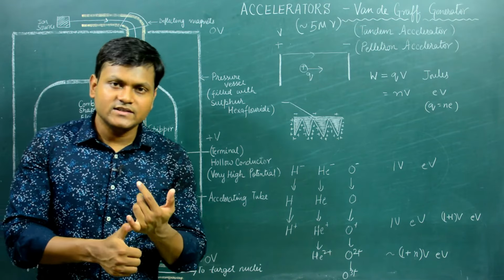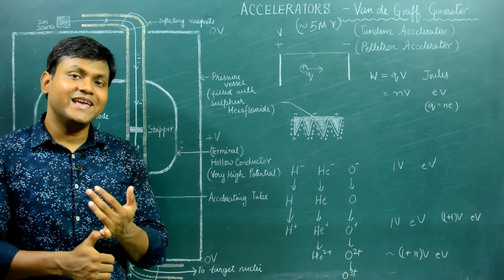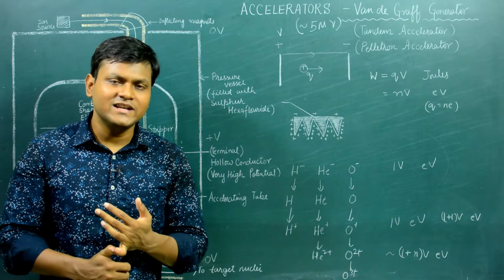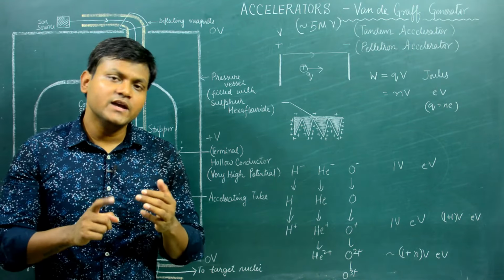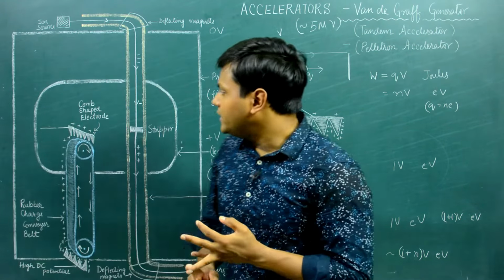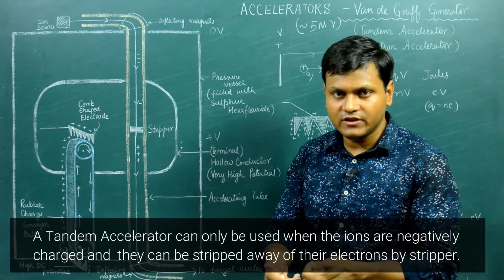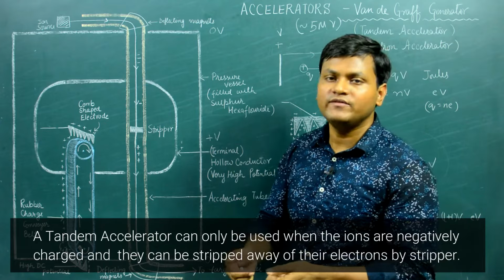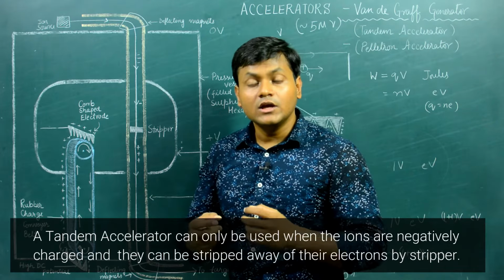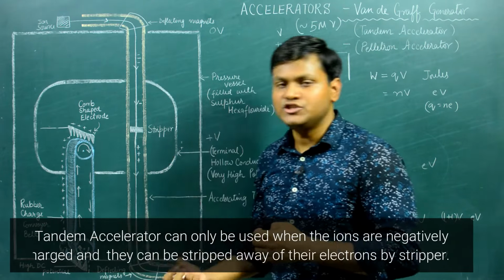But they have a limitation: they can only be used where the ions can be negatively charged and stripped of electrons by some stripper material to create a positive ion during its journey itself.